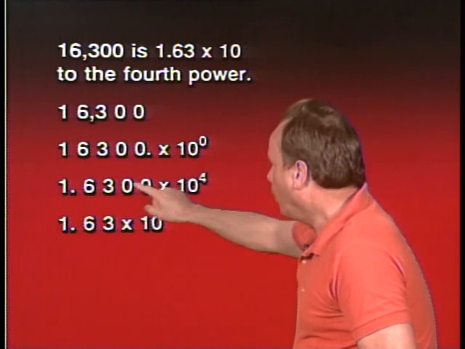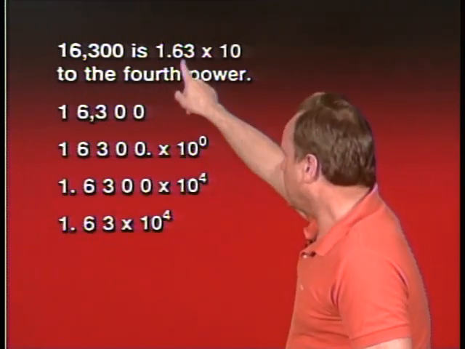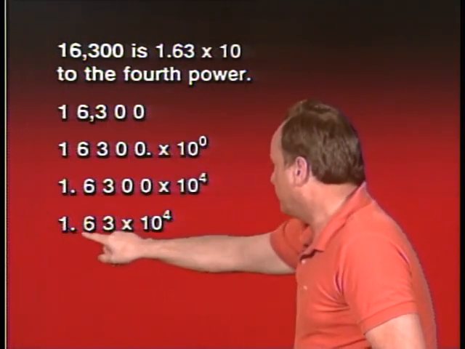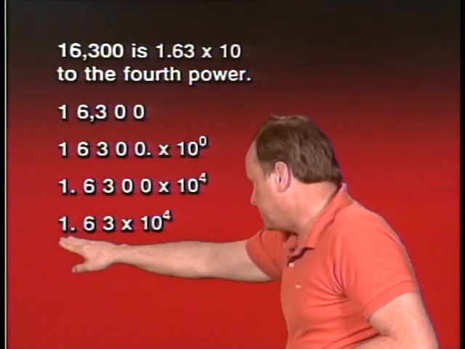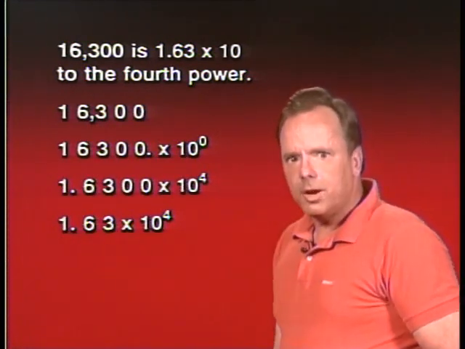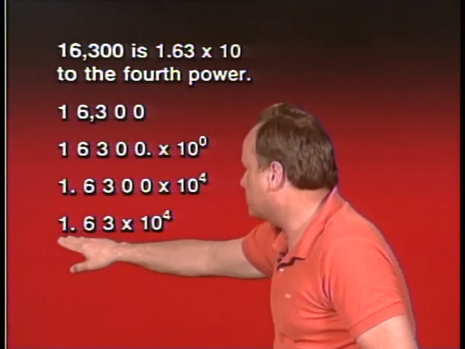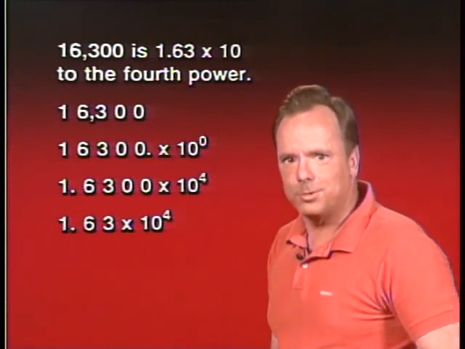So now 1.63 times 10 to the 4 is exactly equal to 16,300. All I did is divide this part by 10,000 and multiply this part by 10,000, and it's the same thing. When you get to very, very big numbers, this could be 10 to the 27, this makes it a very easy way to express it. So it's 1.63 times 10 to the 4, and that's equal to 16,300.